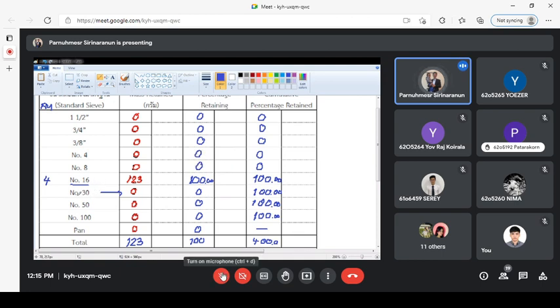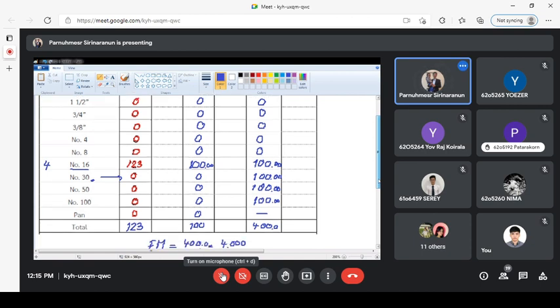If your aggregate only retains on sieve number 30, not retained on sieve number 16, what do you get for the fineness modulus of this?